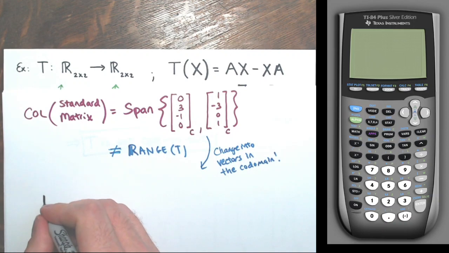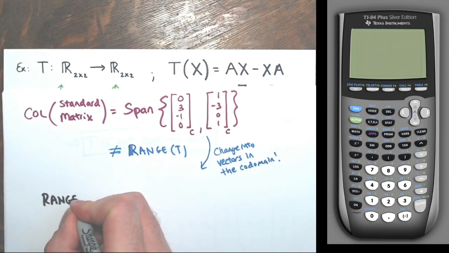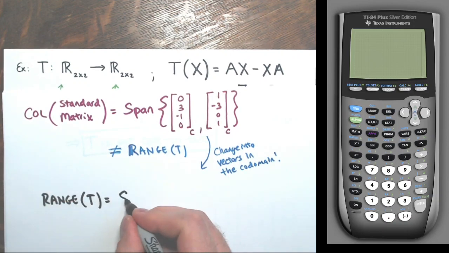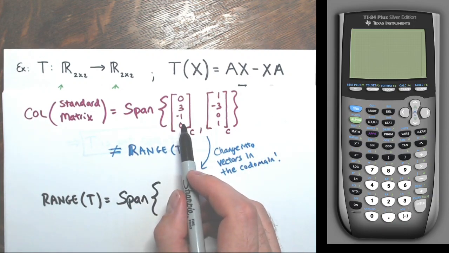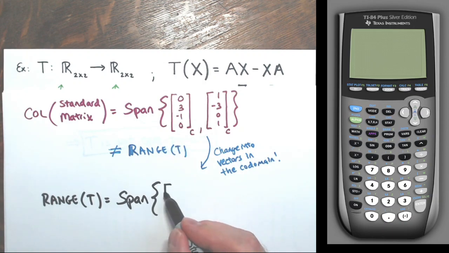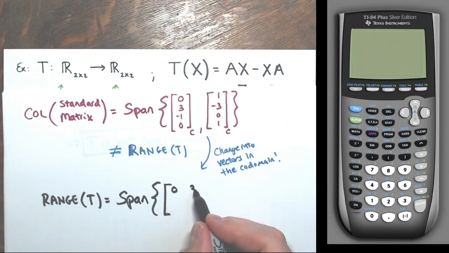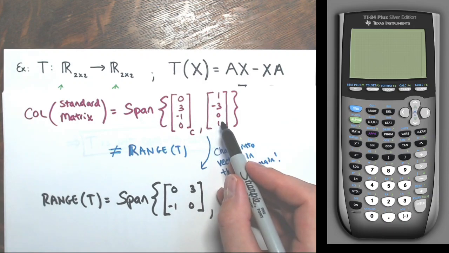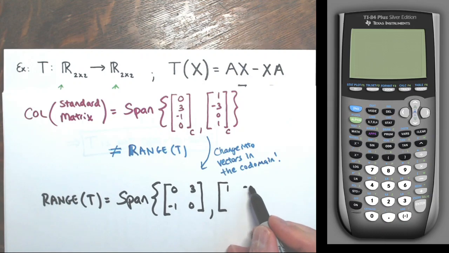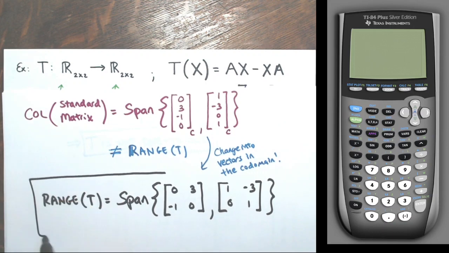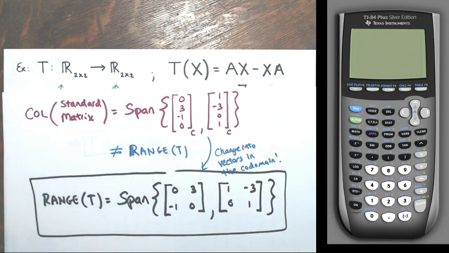So the range of T is actually equal to the span of, this coordinate vector corresponds to a 2 by 2 matrix with entries 0, 3, -1, 0 in that order. And this coordinate vector corresponds to a 2 by 2 matrix with entries 1, -3, 0, and 1. So this would be the more proper way of writing the range of this transformation.